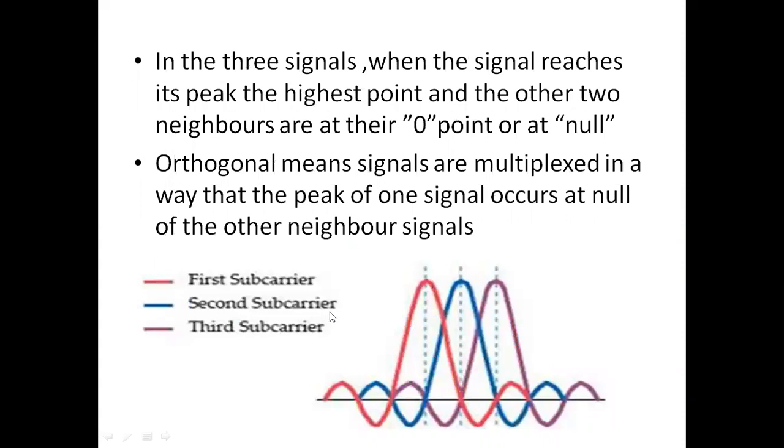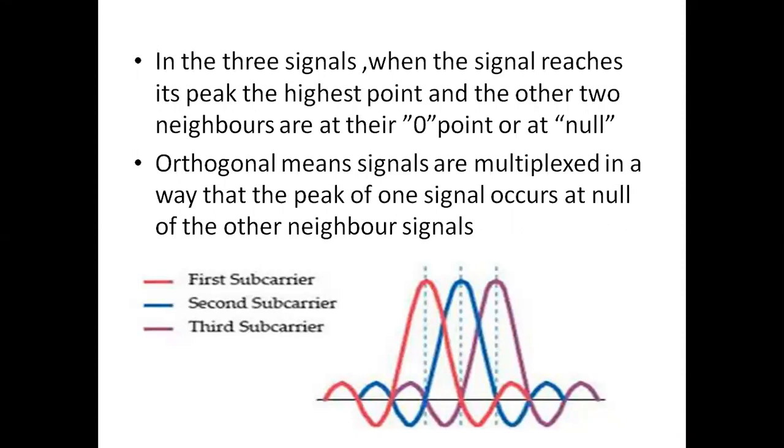If you see the figure, among the 3 signals, when one signal reaches its peak, the highest point, the other 2 neighbors are at the 0 point, or at the null position. Here we are considering 3 signals. We may consider n number of signals, but to get a better understanding, we are taking 3 signals, or 3 users.